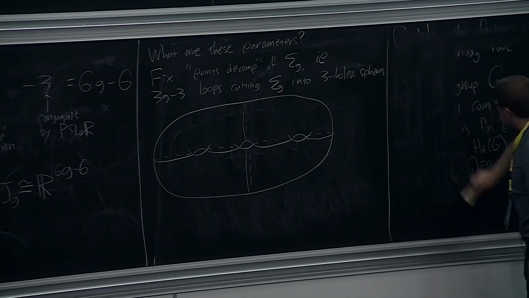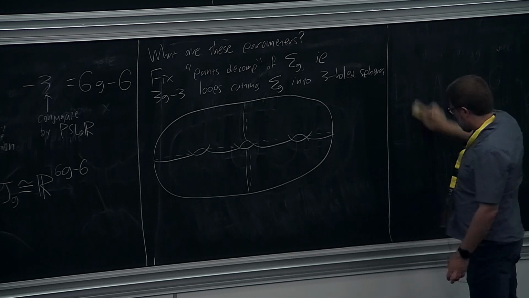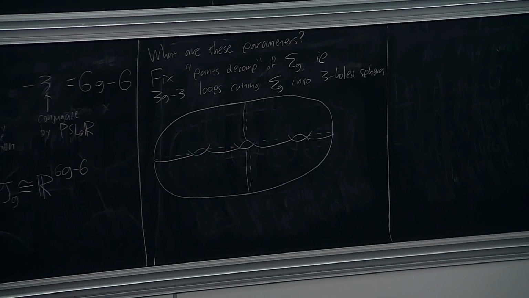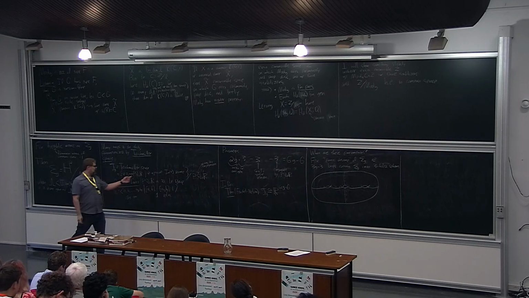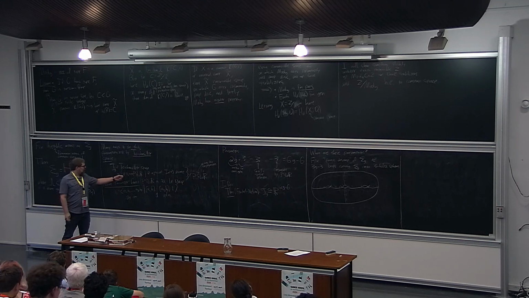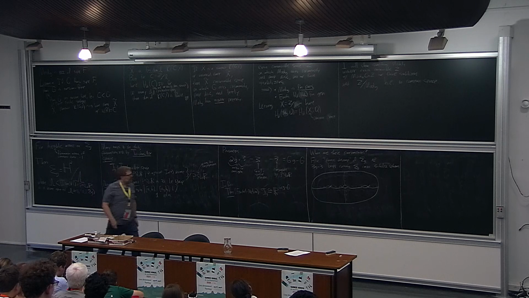Okay, and so then the parameters. Well, what Fenchel and Nielsen showed was that if you have a point in Teichmuller space, if you have a hyperbolic metric, you have such a representation, you can measure the length of any curve, right? You take a curve, that's an element of pi1, that gives you a free homotopy class, you're modding out by conjugation. You can take the length of the geodesic representative, right?